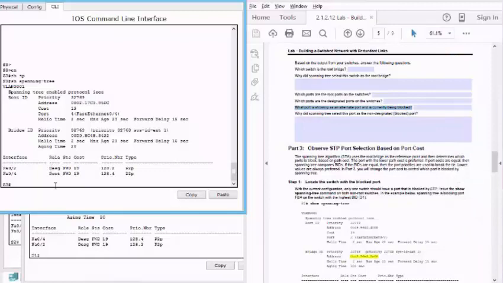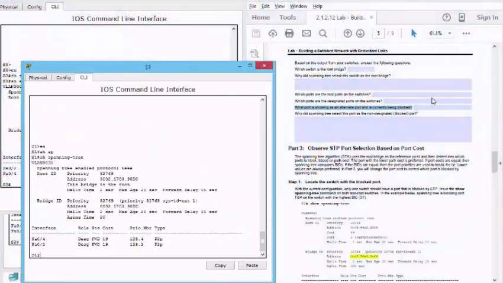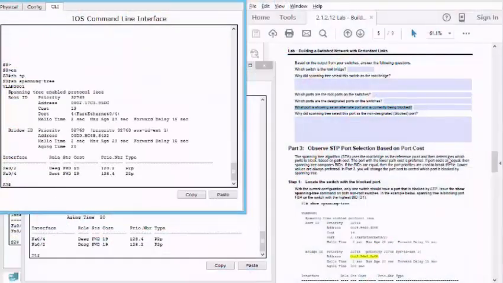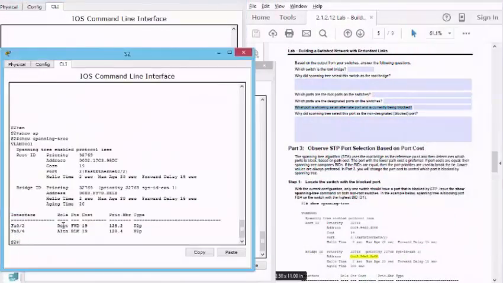On switch 3, there is an alternate port or block port, which is Fast Ethernet 04.